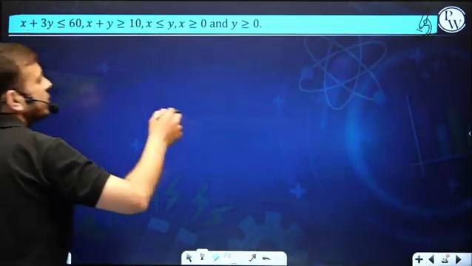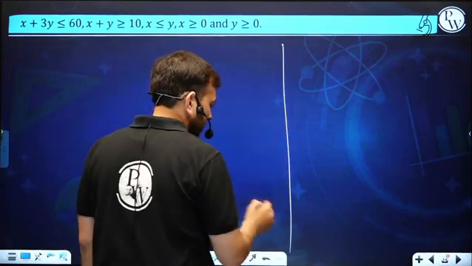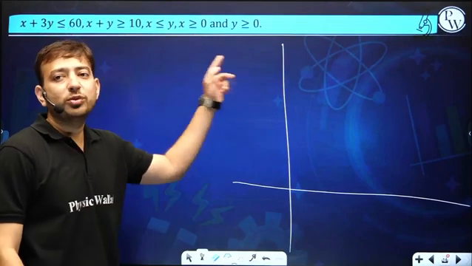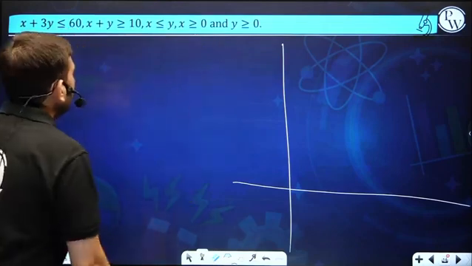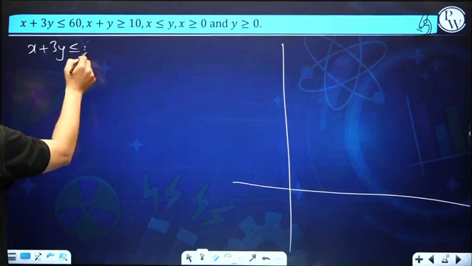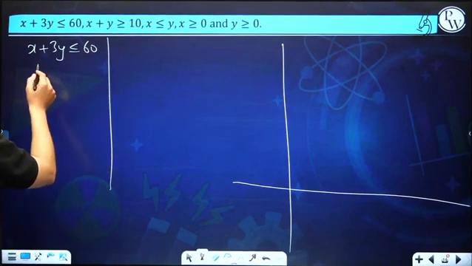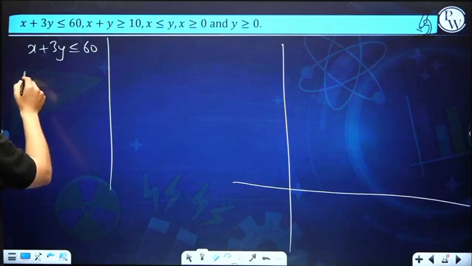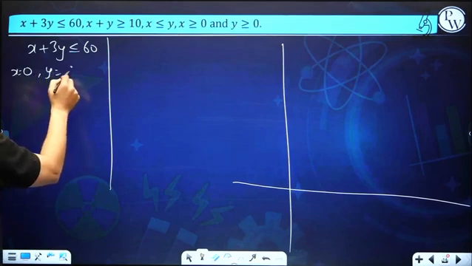So what we need to do is, first quadrant only, because these two conditions are saying first quadrant. Now, first of all, x plus 3y less than or equal to 60. If I put x equals 0, y will be 20.